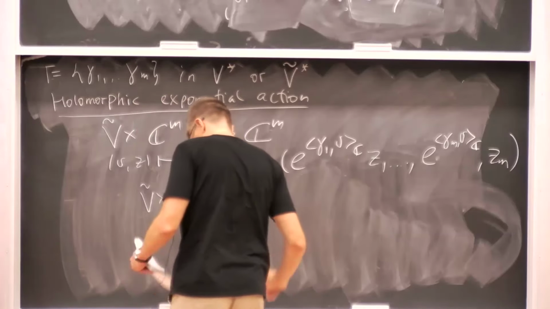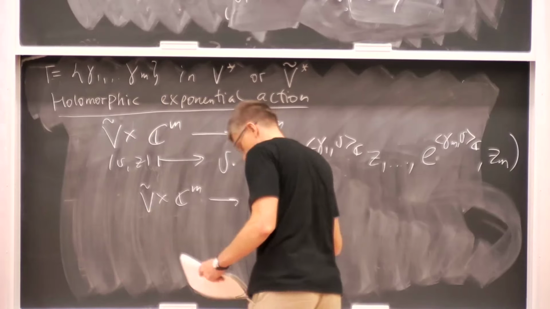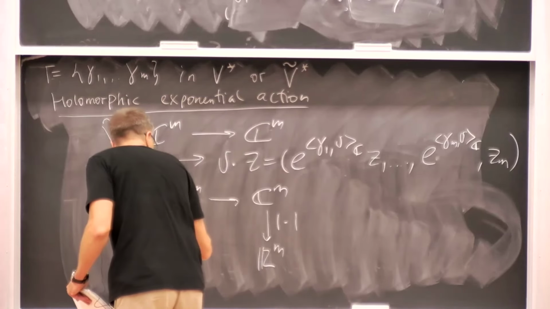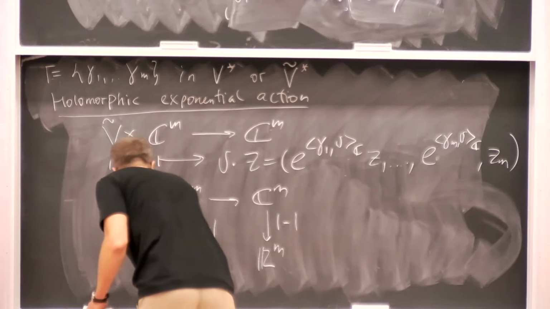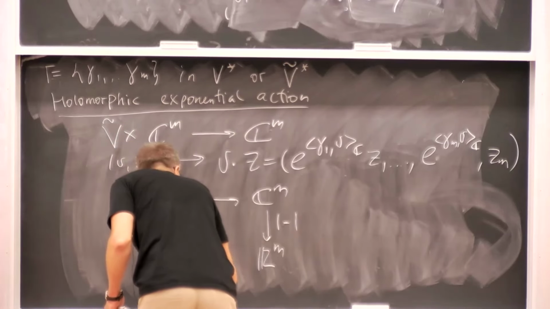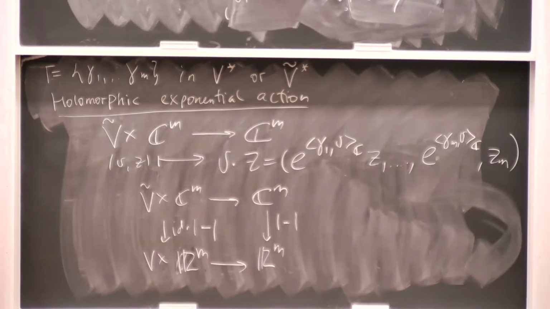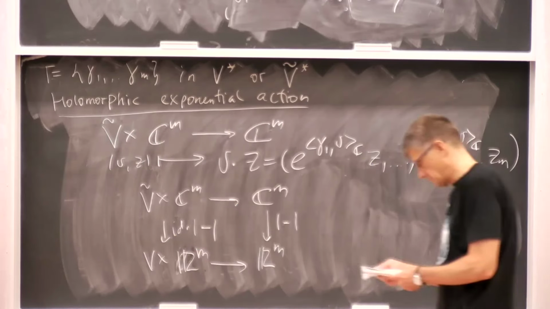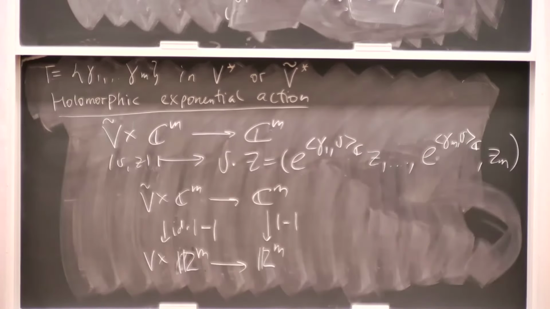Here you have the holomorphic action, and here you have the coordinate-wise norm map. Here you have the identity times this norm map, and this is a real exponential action. And now you can repeat the whole setup in this holomorphic setting.